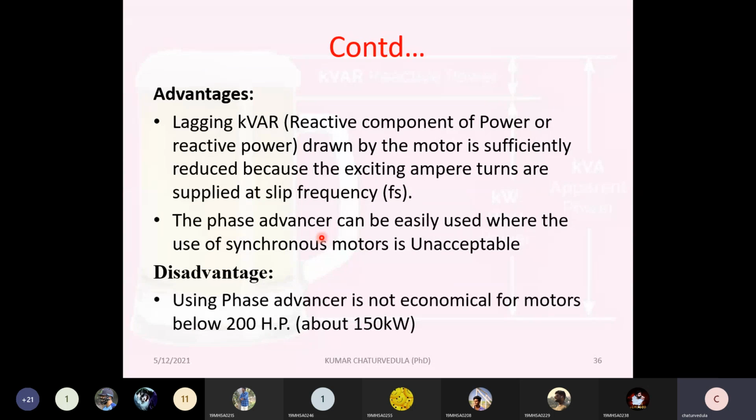The major disadvantage with the phase advancer is that you cannot use phase advancers for motors less than 200 horsepower. If you use phase advancers for less than 150 kilowatt, the cost you put into improving the power factor is not going to be recovered.